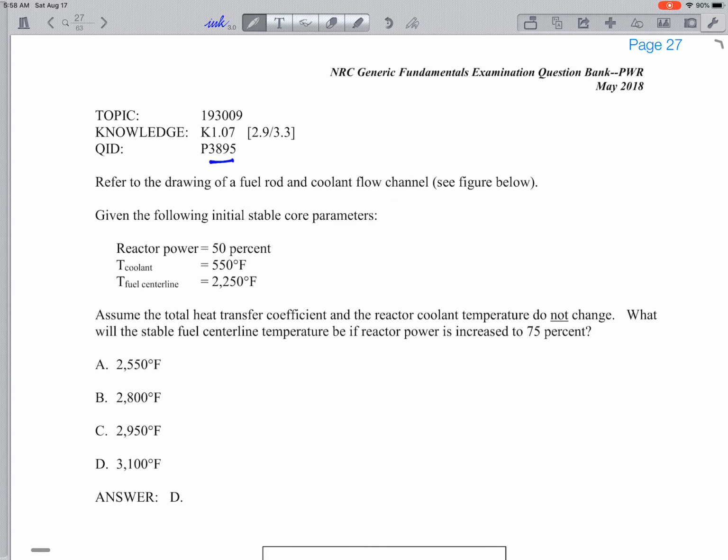Given the following initial stable core parameters, 50% power, 550 degrees coolant temperature, and 2250 at temperature centerline. Assume total heat transfer coefficient and reactor coolant temperature do not change. Okay, cool. What will the stable fuel centerline temperature be if reactor power is increased to 75%? So again, we can't say that Q dot 1 is equal to Q dot 2, right? Because that's not right.